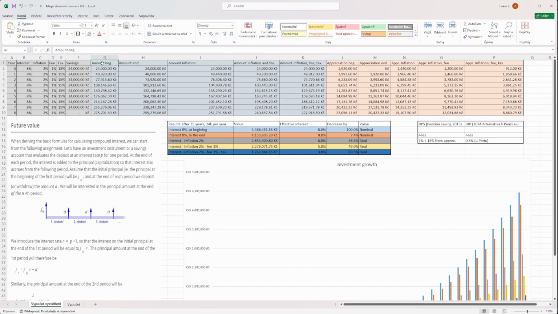So in this case, we are calculating interest immediately and we are assuming that these 24,000 were put here at the beginning. Here we are calculating the same, but we assume that 24,000 were put and added into our investment in the end of the period. And the period is where the calculation of interest happens.